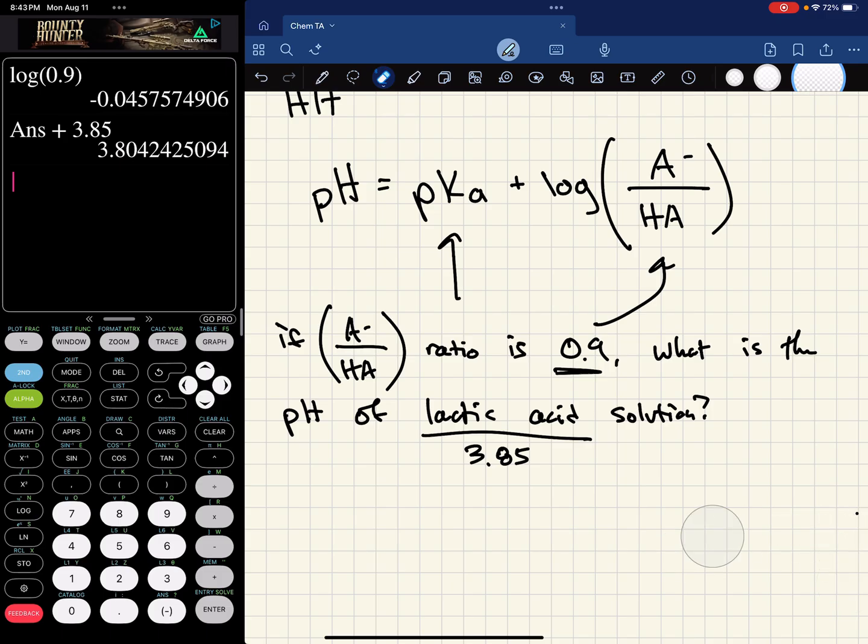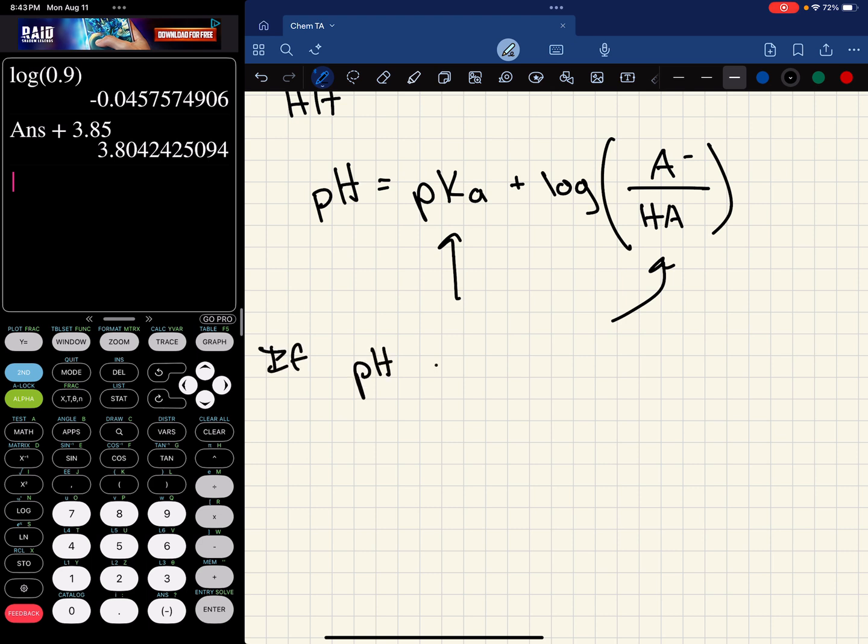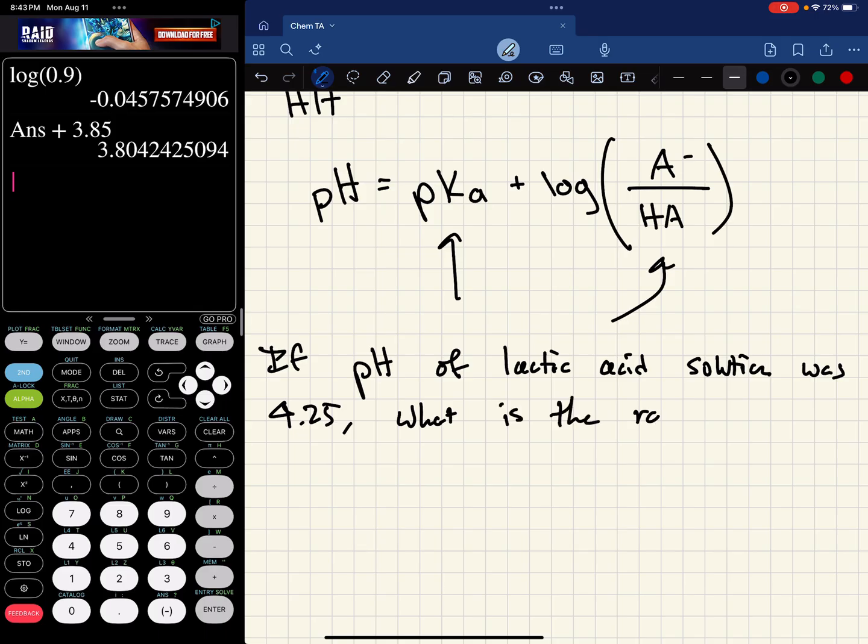Okay, let's say it's given to you another direction. If the pH of lactic acid solution was 4.25, what is the ratio of conjugate base to acid?